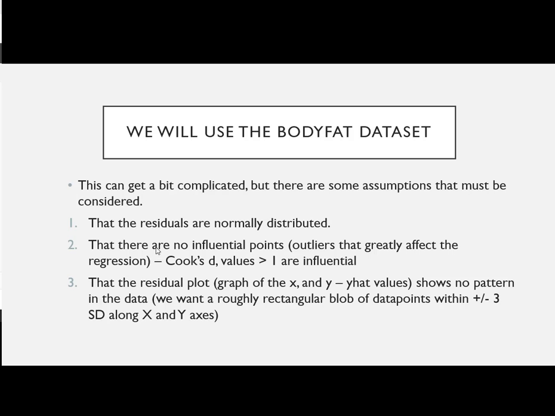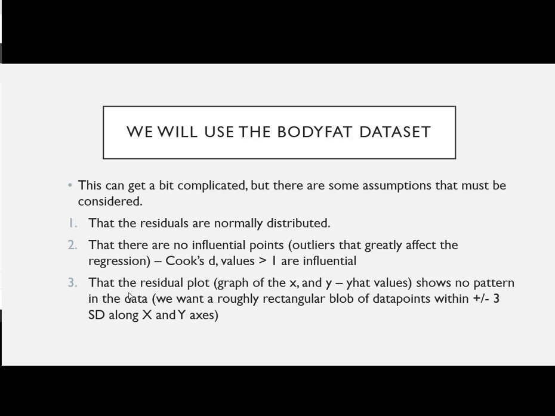So the regression equation is also very sensitive to outliers. And we're going to look at the Cook's D values. Any that are greater than 1 are considered influential and either need to be removed or transformed or double checked. I wouldn't advocate just removing data we don't like. So you just have to deal with it, and that's why we want to check all of our assumptions.